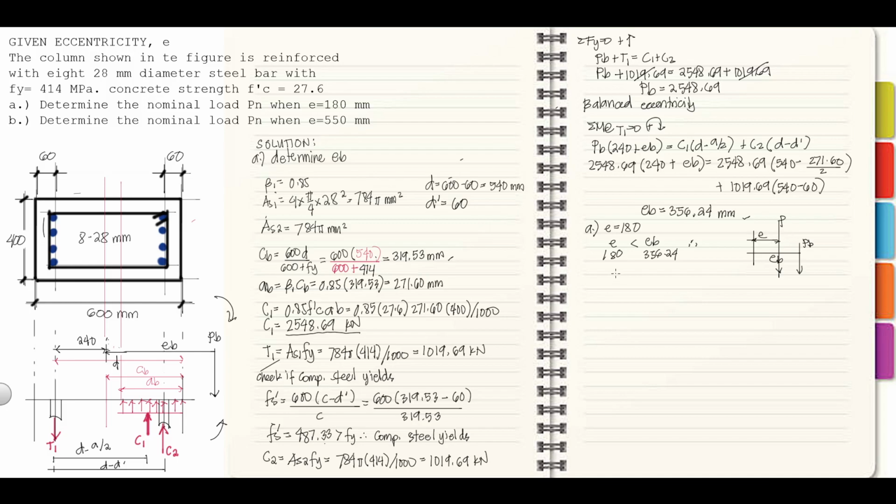Therefore, okay, sa part na to, no? If your E is less than E balance, okay, tension steel will not yield.